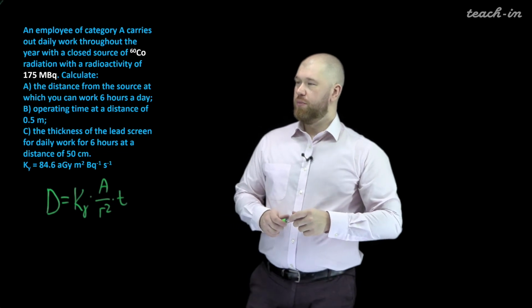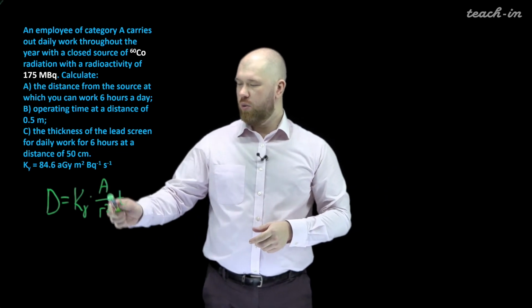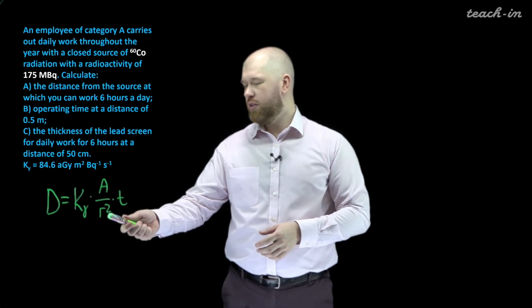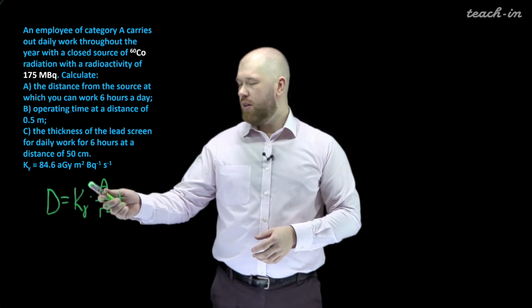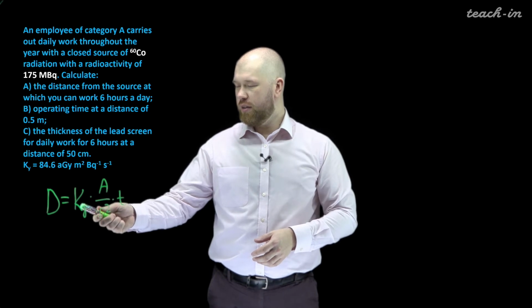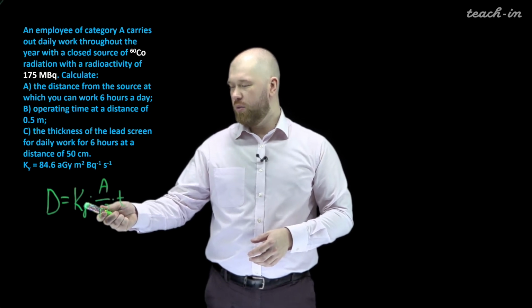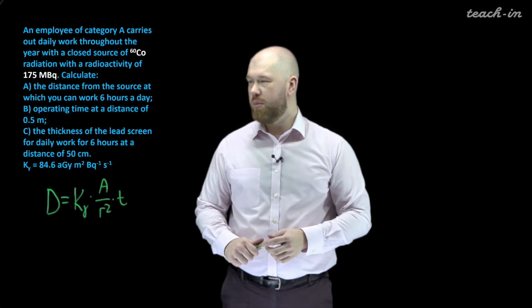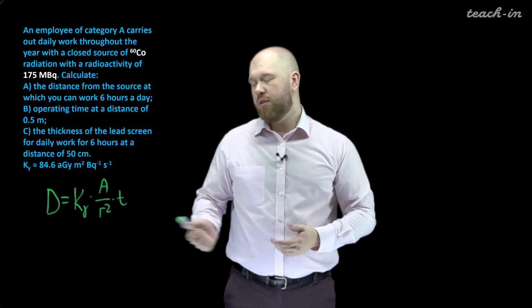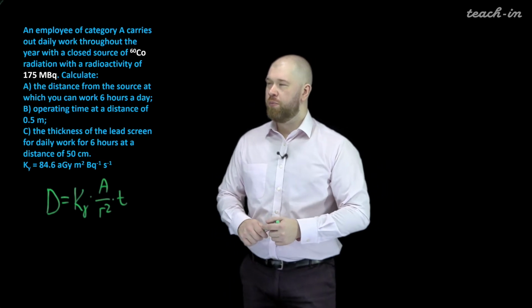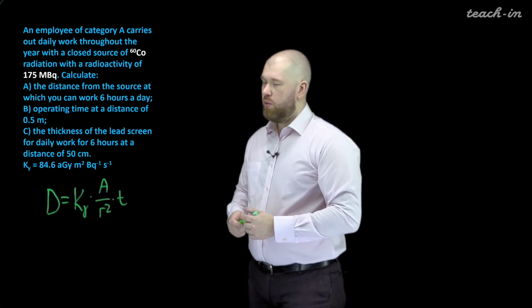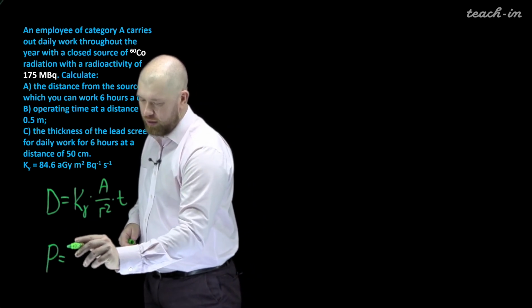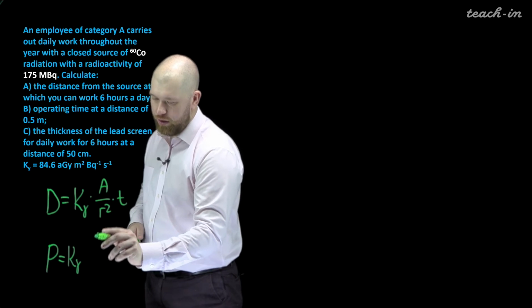The dose is equal to the activity of our radionuclide divided by the squared distance from this source, multiplied by the gamma constant or kerma constant for our radionuclide, which we can take from the database, from tables, and the time of operation. Or we can write it like this. It is not a dose but a dose rate.